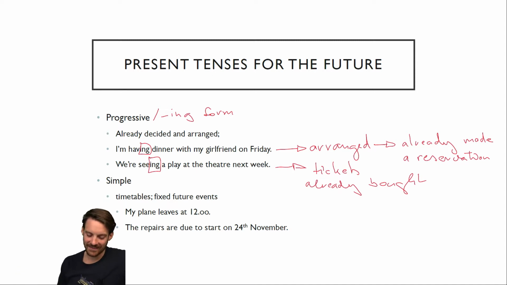And then the simple aspect for the future. For example, you have a flight that is scheduled at 12. You can just say my plane leaves at 12. In this case, simple leaves. And the repairs are due to start on 24th November.